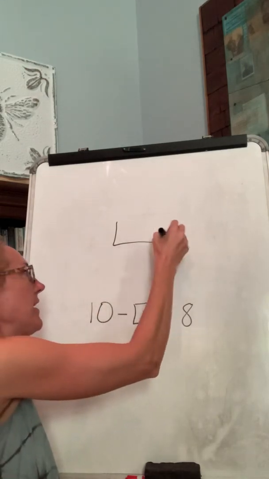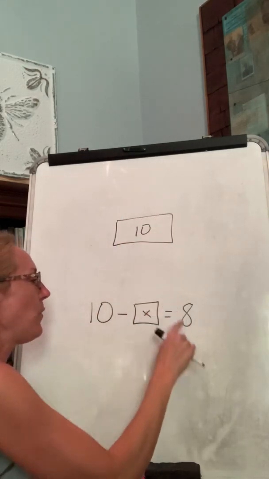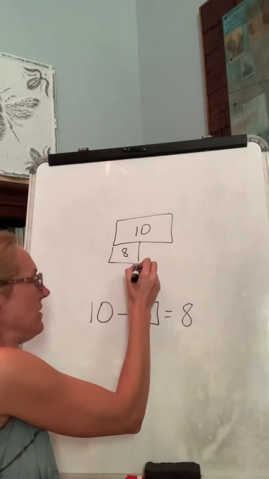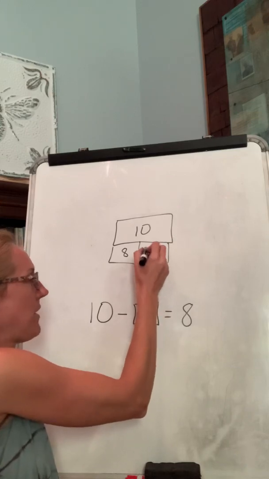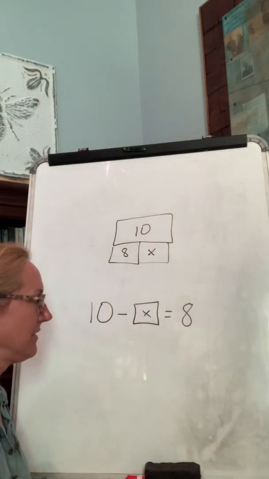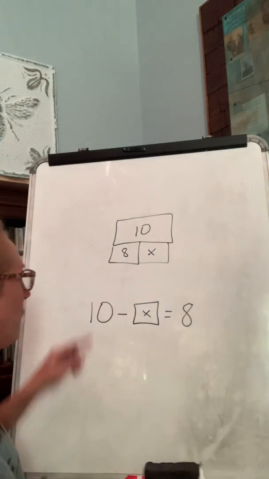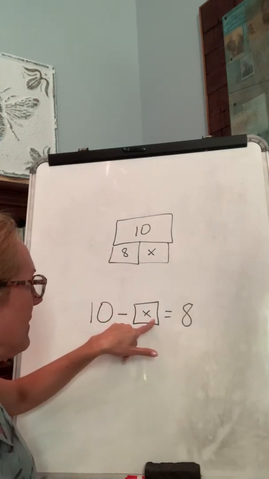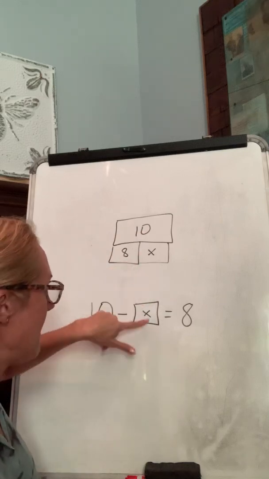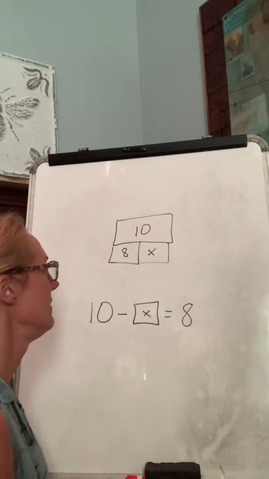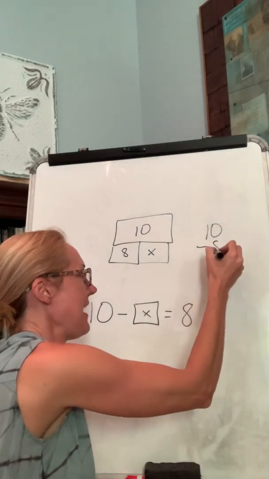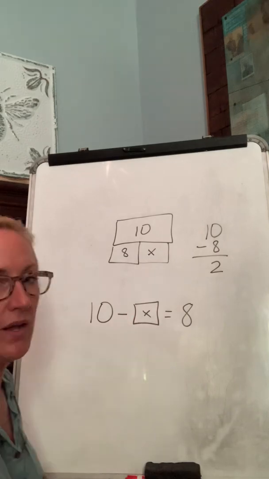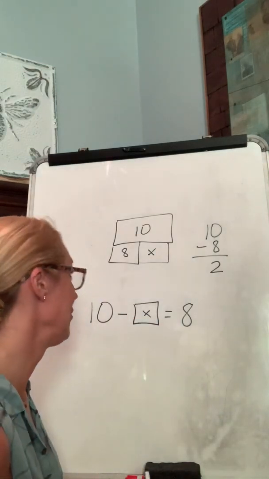So there's our whole thing, 10, and we took away this part, 8. So what is this other part, X? Well, again, we have one of the parts. We don't have the other part. So we're going to take 8 away from 10 to see what this other part is. 10 minus 8 is 2. So this is still subtraction. We're trying to figure out that part.